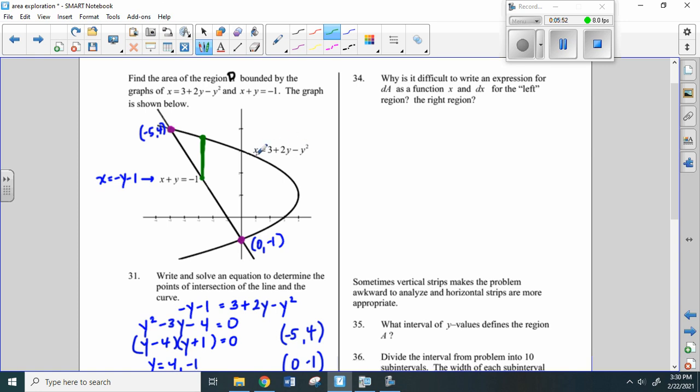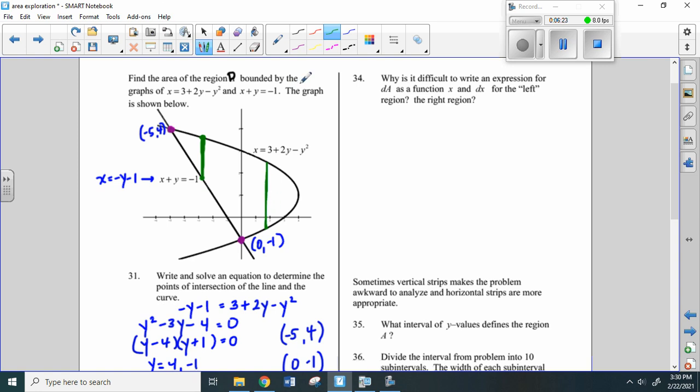And that's not possible for this top curve. You can't solve for y and not have y anywhere else in the problem in this particular curve. And so that's going to be a problem for the first region. It's definitely going to be a problem for the second region because you'd have to do it for the top and the bottom of that curve, and so there are some serious issues there.